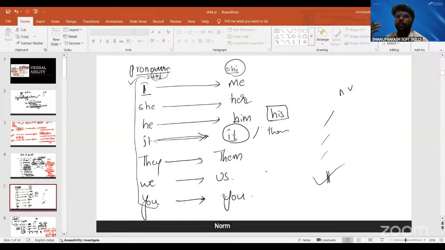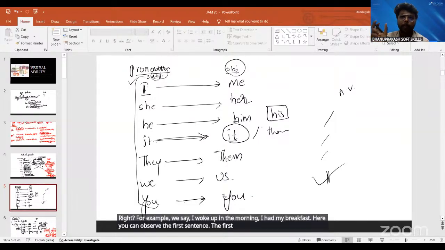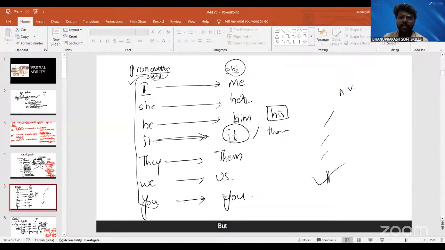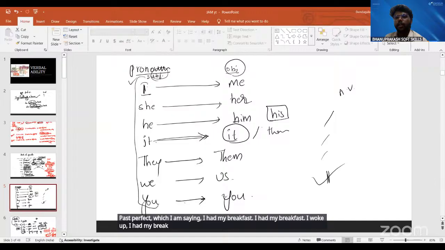Normally, we usually say these actions one by one that happened in the past, right? For example, we say, I woke up in the morning, I had my breakfast. Here you can observe the first sentence is in the simple past tense: I woke up in the morning. But the next sentence is not in the simple past again. It changed to past perfect: I had my breakfast. I had gone to college.